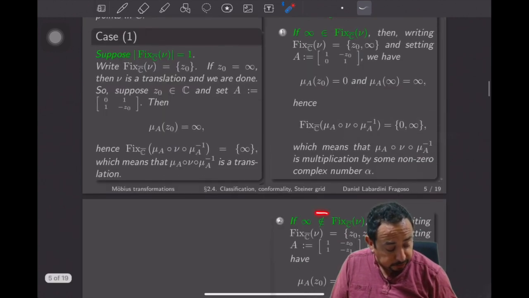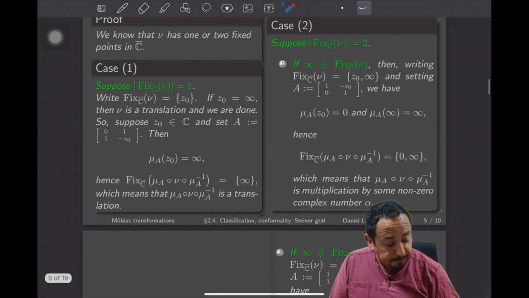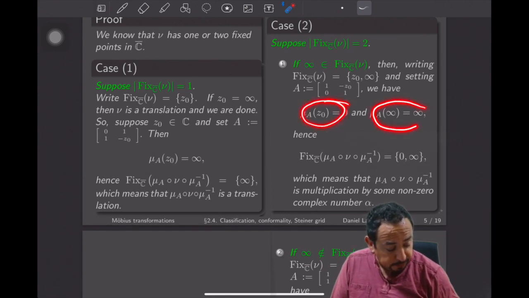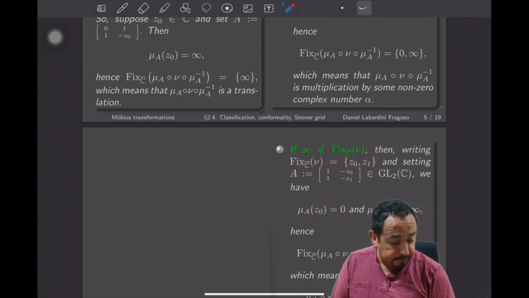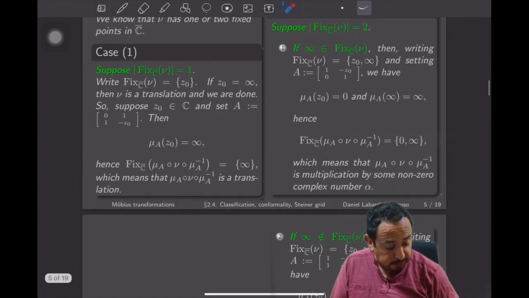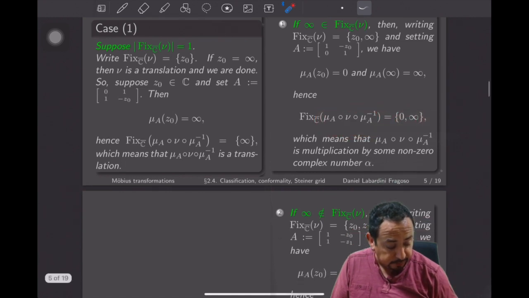And also in this other subcase, namely, I take a Möbius transformation that sends the fixed points to convenient locations. And then I see, okay, the conjugation has this fixed point, so it's multiplication by a non-zero scalar.